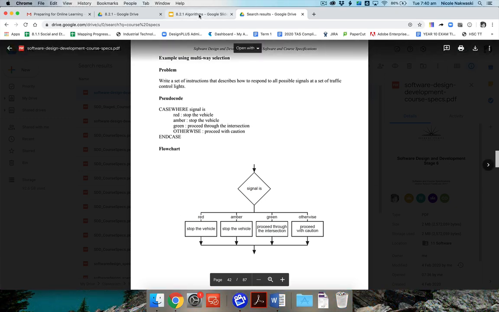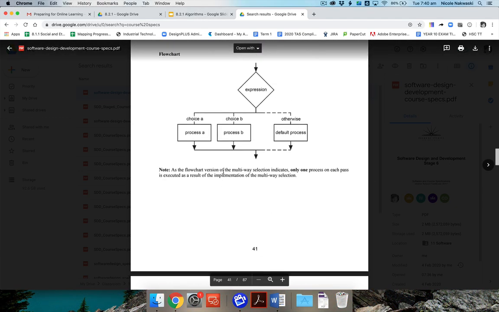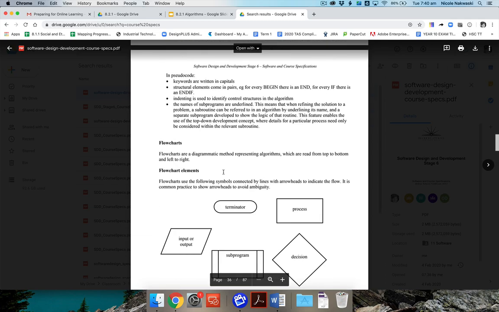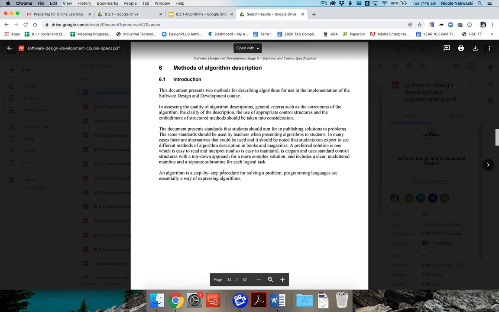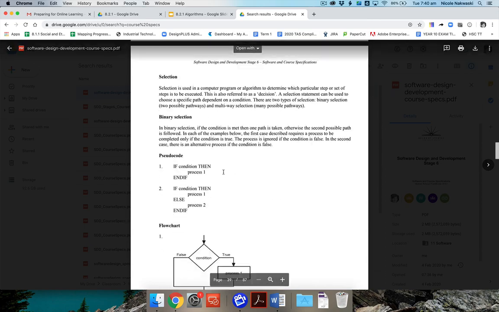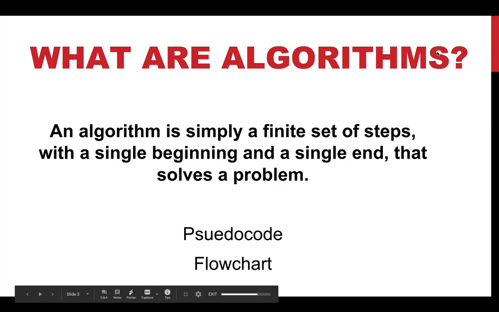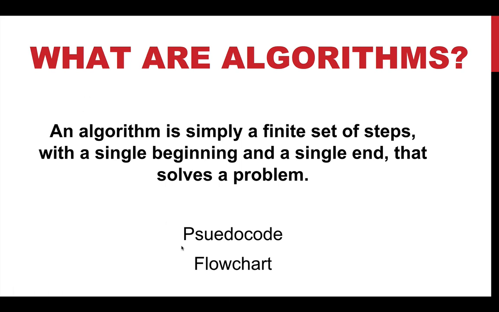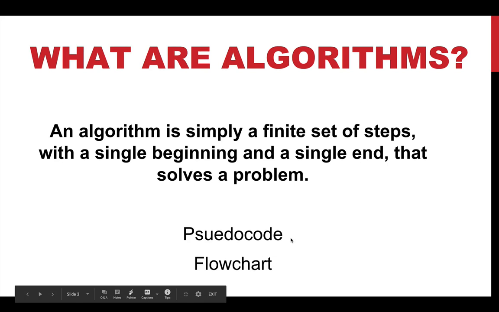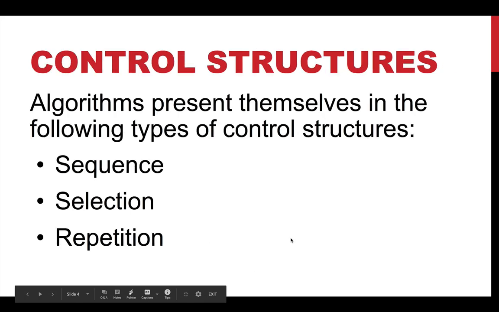I'd recommend having page 34 onwards in your course specs docs open, so you can use it as a reference guide. Like I said, even though the course specs document shows flowcharts and pseudocode as the two different ways of representing algorithms, or logic in basic English, today we are just going to look at pseudocode for this tutorial.